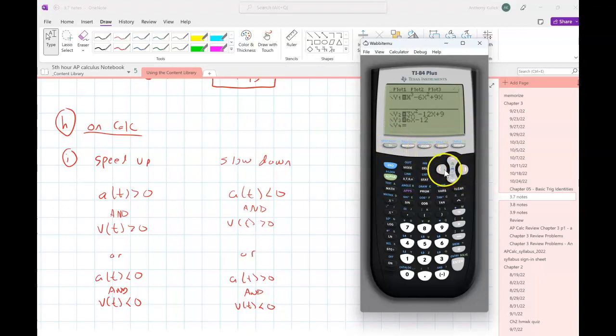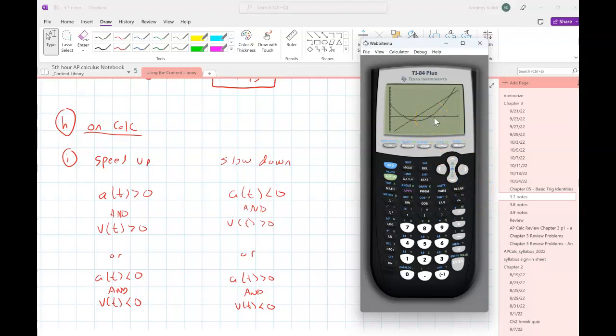So those are the 4 scenarios. I've gone ahead and turned off the position function, just looking at the acceleration and velocity.